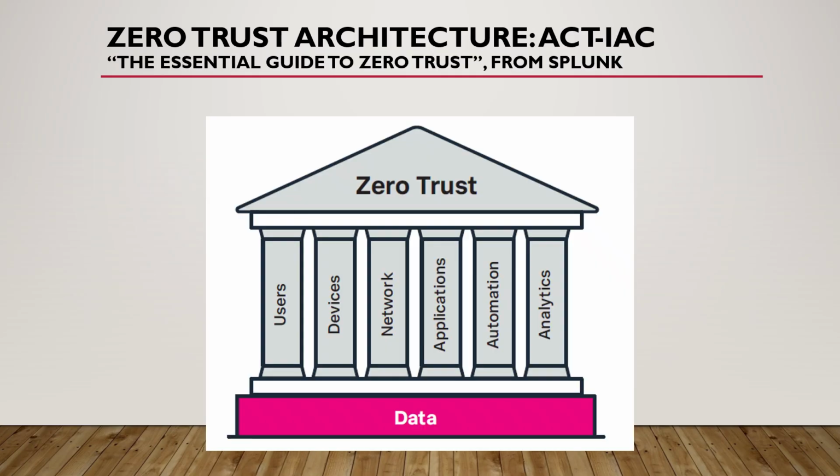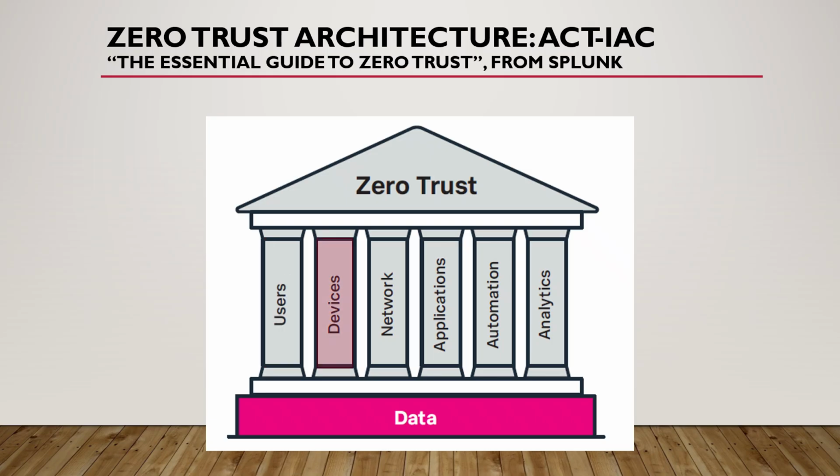The American Council for Technology and Industry Advisory Council, or ACT-IAC, has identified 6 pillars necessary for zero trust security. Their model is depicted here. Users should be authenticated to ensure they are trusted and their trustworthiness should be continually monitored and validated.